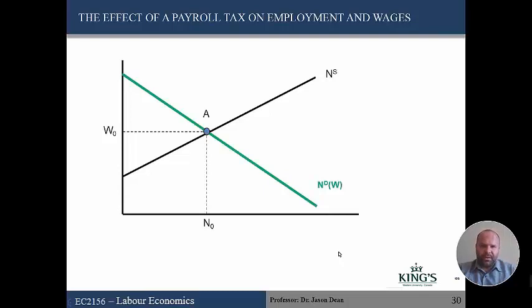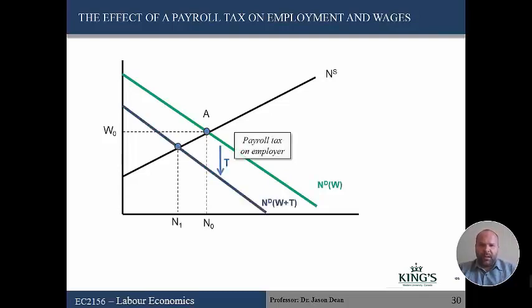Let's look at a payroll tax in terms of a diagram. If there's a payroll tax on the employer, according to our model, that would shift the labor demand curve down by the amount of the payroll tax.